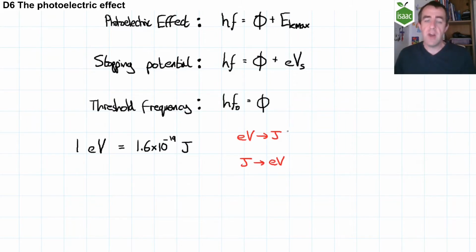What this means practically is that if you're converting from electron volts to joules, you multiply by 1.6 times 10 to the negative 19. And if you're converting from joules to electron volts, you divide by 1.6 times 10 to the negative 19. And if the units are given as mega electron volts or kilo electron volts, you have to include the multiplier, the prefix, as well.